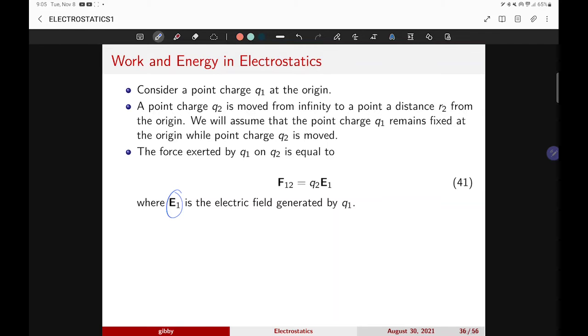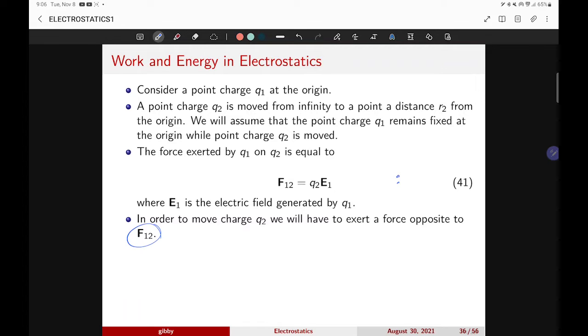Now, in order to move charge Q2, we will have to exert a force opposite to this one. So you have Q1 and we have Q2. It's a force that repels. So this is F12, and this is F21.